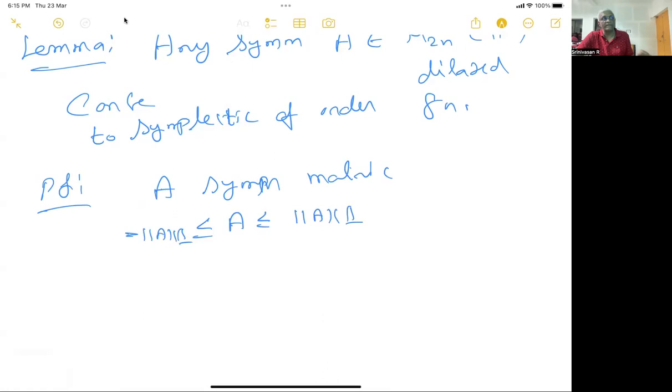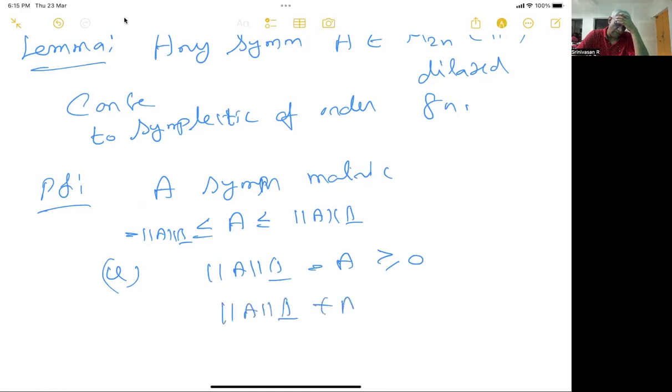That is, norm A times 1 minus A is a positive operator, and also norm A times 1 plus A is a positive operator.